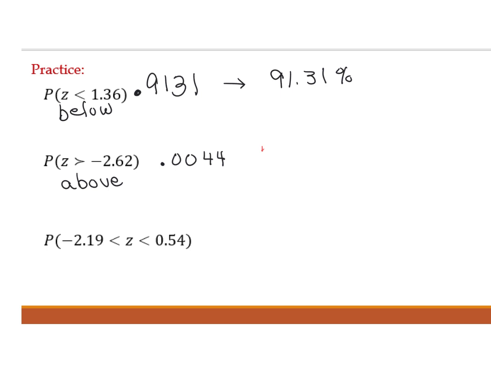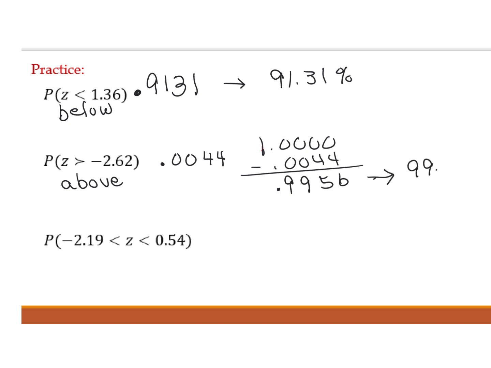So because this is above, I have to subtract this decimal from 100% or from 1. And when I do that and I subtract from 1, I'm going to get 0.9956. So my answer is, the probability is 0.9956. If I was to change that to the percentage, it would be 99.56%.